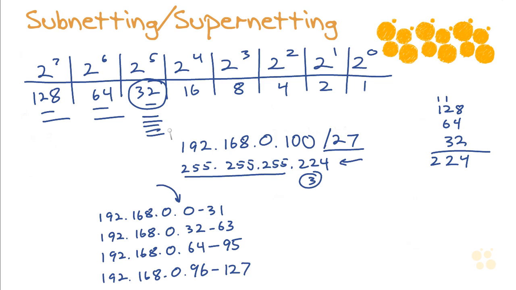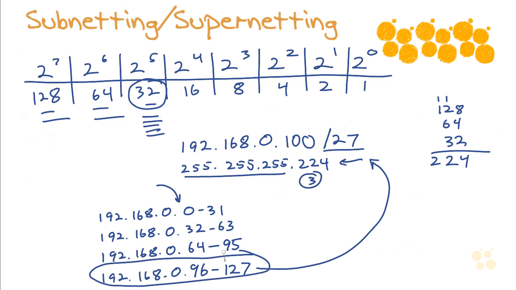Wow. And by the way, this is the one we live on. 192.168.0.100 lives in this numbering scheme. Now, we can't use the first number. It's reserved. This is called the network identifier. So the network identifier is 192.168.0.96.